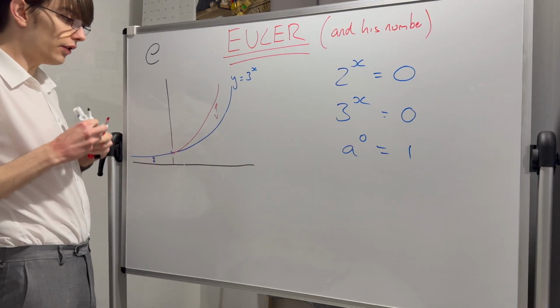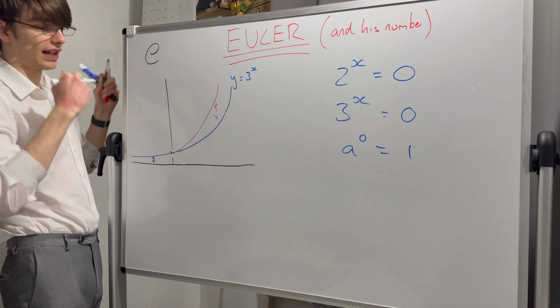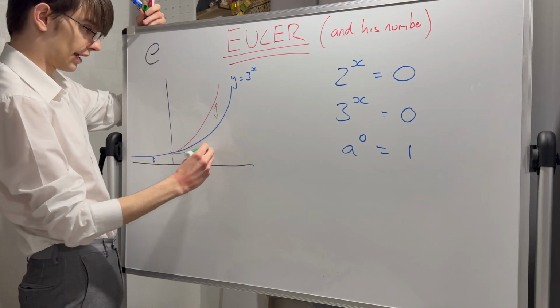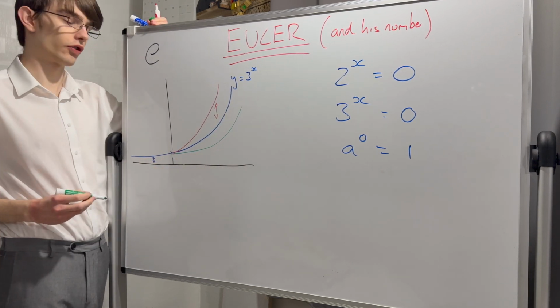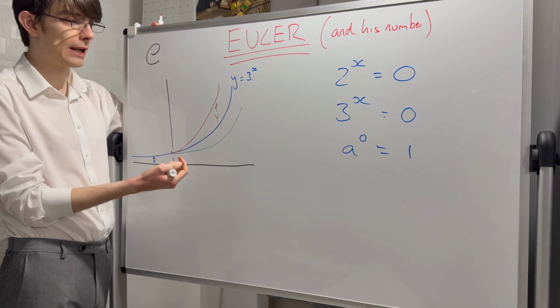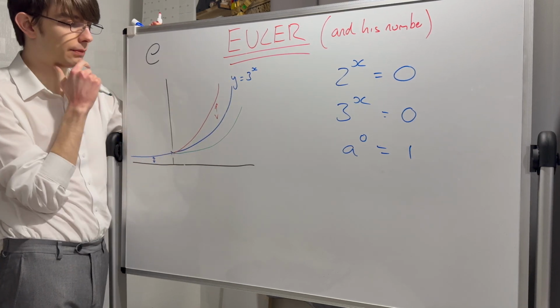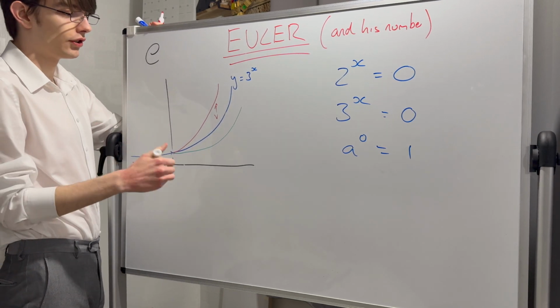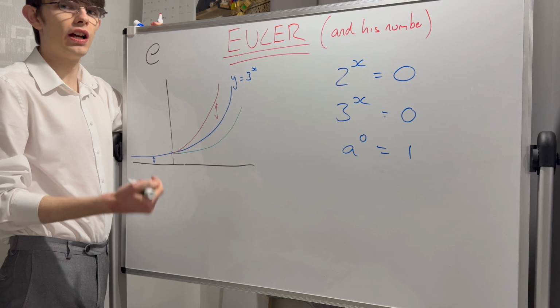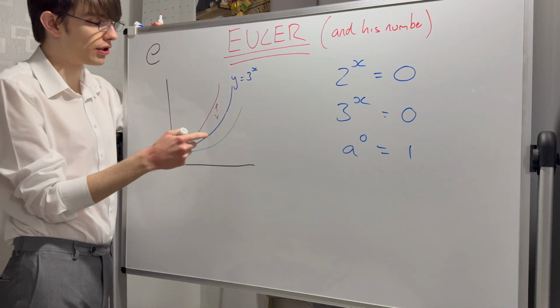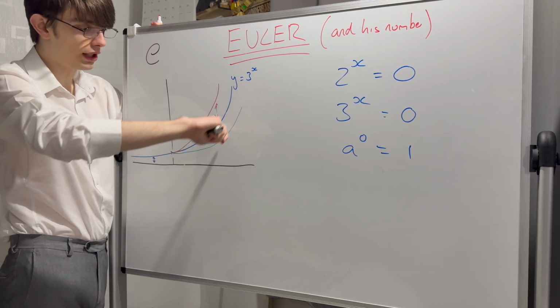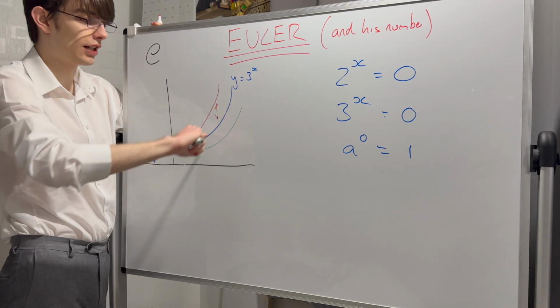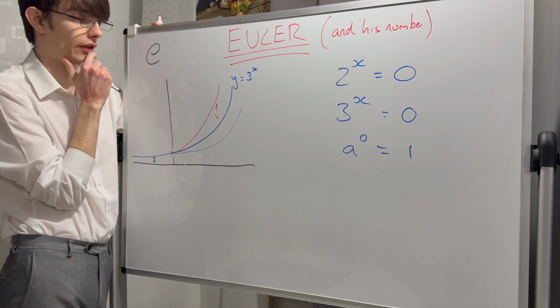So with the 2 to the x line, the gradient function was slightly below the line, but with 3 to the x, it was slightly above. So the question is, is there a number somewhere between 2 and 3 that if I raise that number to the power of x, my gradient and my standard function lie on top of each other?